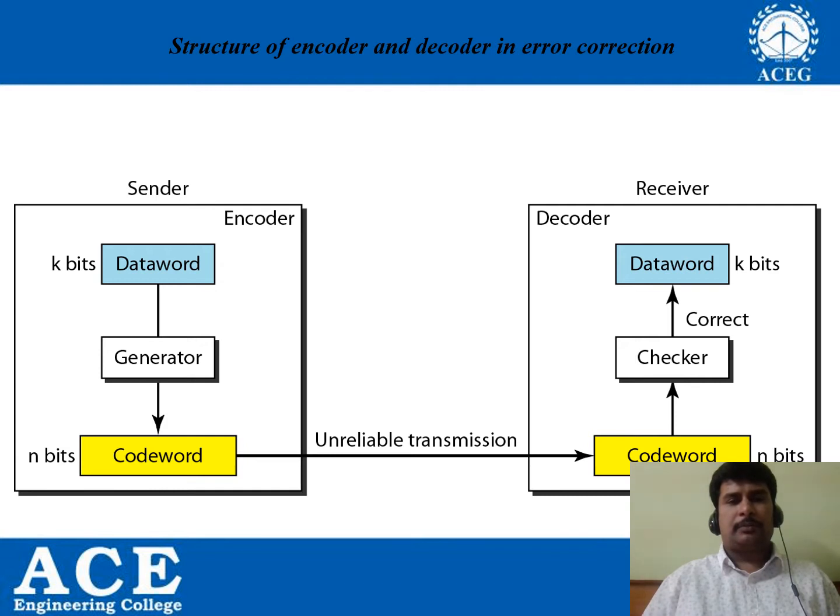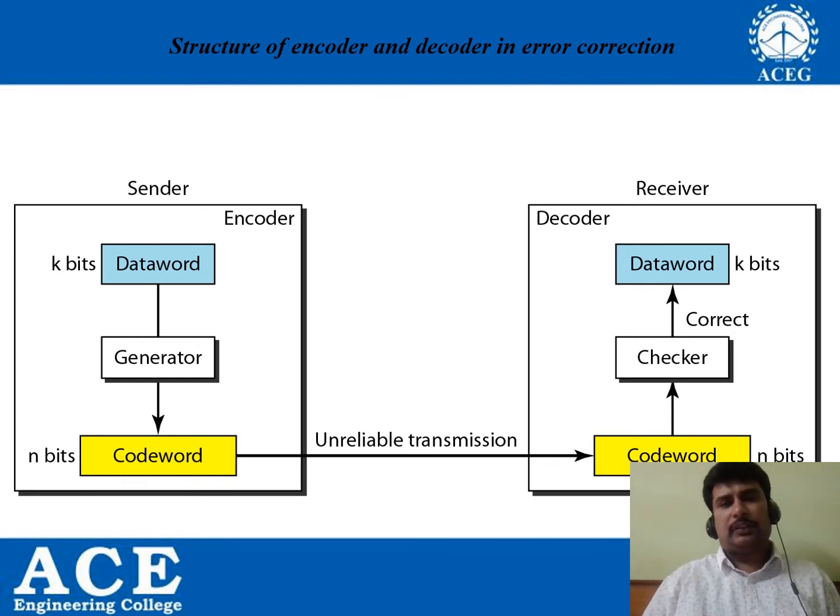So in our previous class, we were talking about error detection and the structure of encoder and decoder in the error detection technique. So let us try to have a quick recollection of those concepts.